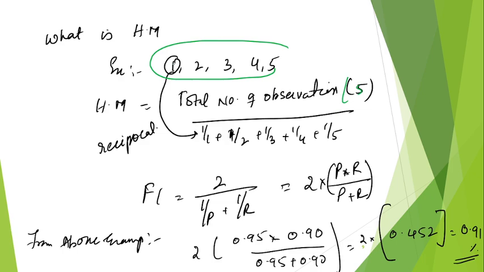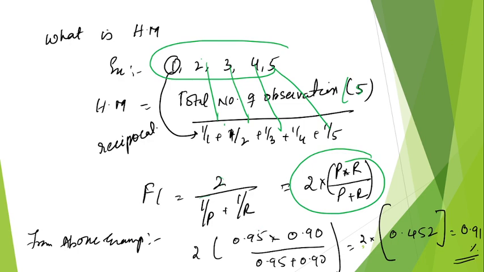The reciprocal of 1 is 1 by 1, of 2 is 1 by 2, of 3 is 1 by 3, of 4 is 1 by 4, of 5 is 1 by 5. Applying this to precision and recall and doing all the calculation, F1 score is nothing but the harmonic mean of precision and recall. So I got this.